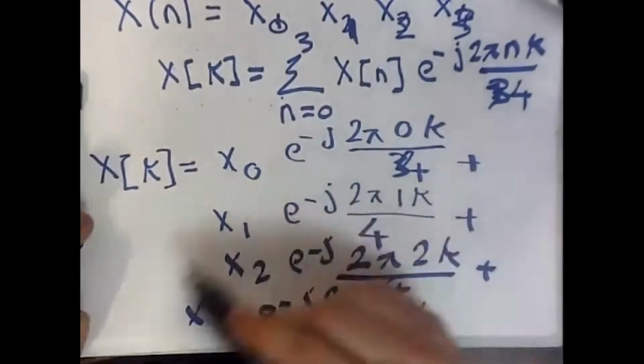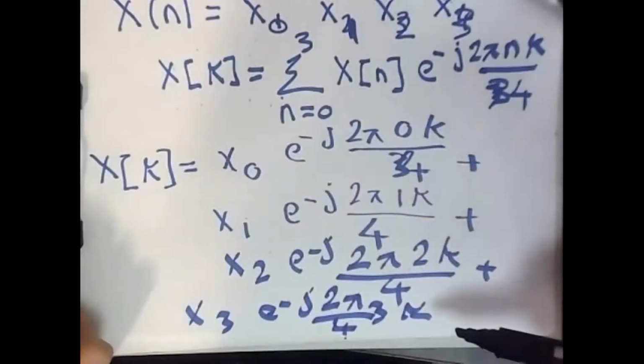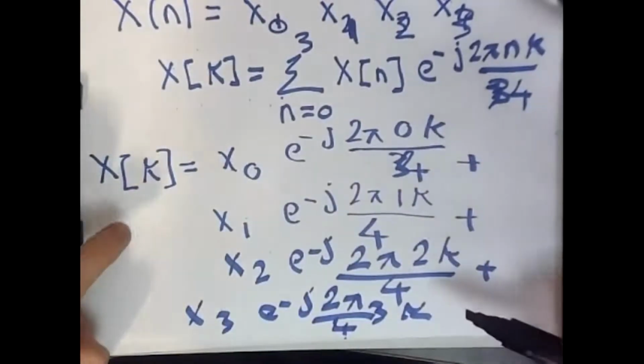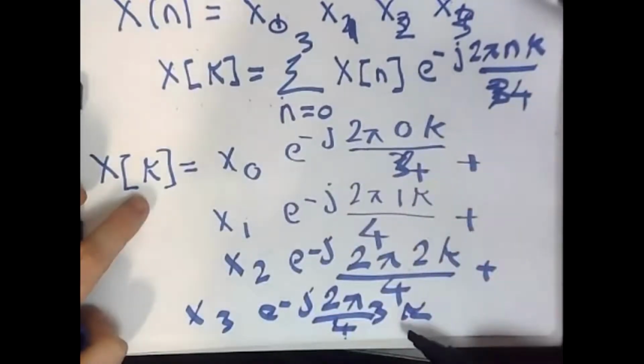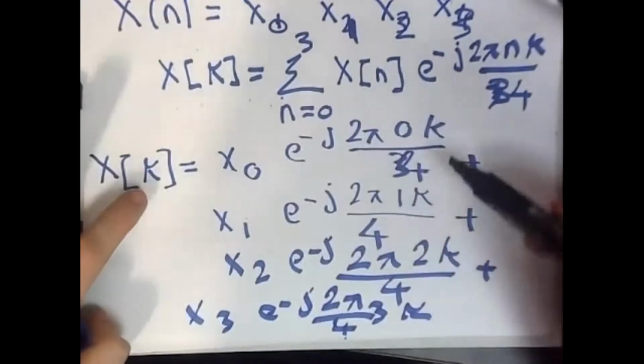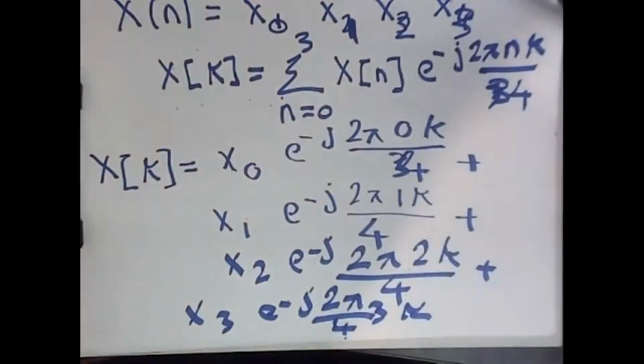Now you should substitute 4 times in order to get your 4 outputs. When k is equal to 0, then k equals 1, then k equals 2, and then k equals 3, you will have the 4 terms for X[k]. This is simply what you are going to do.